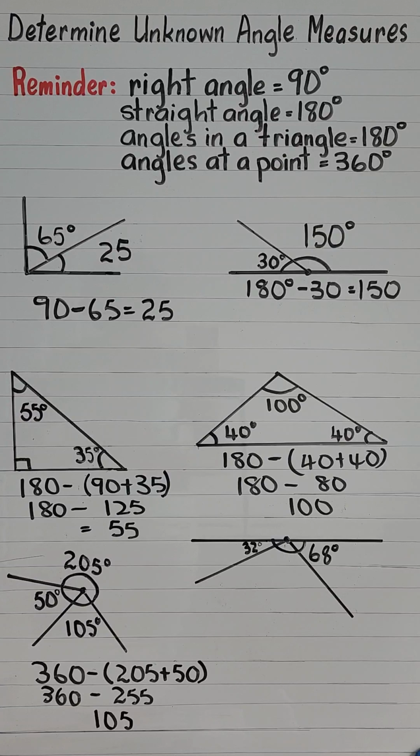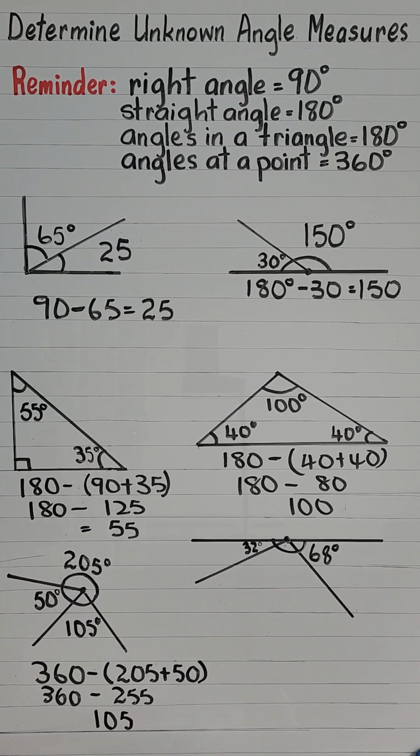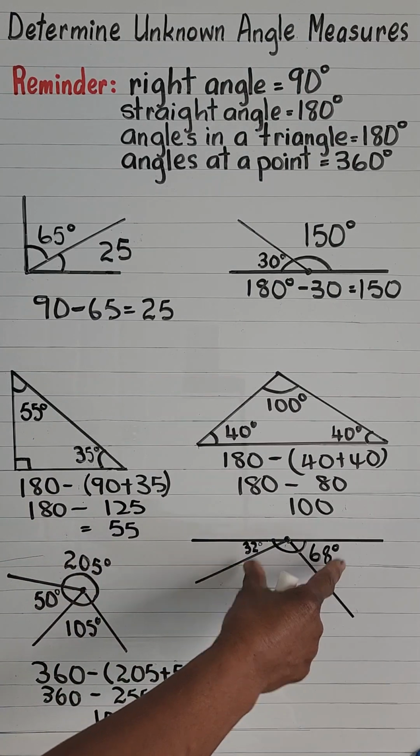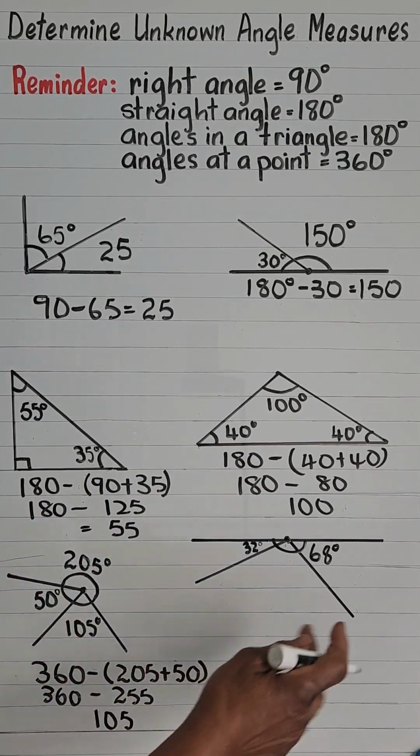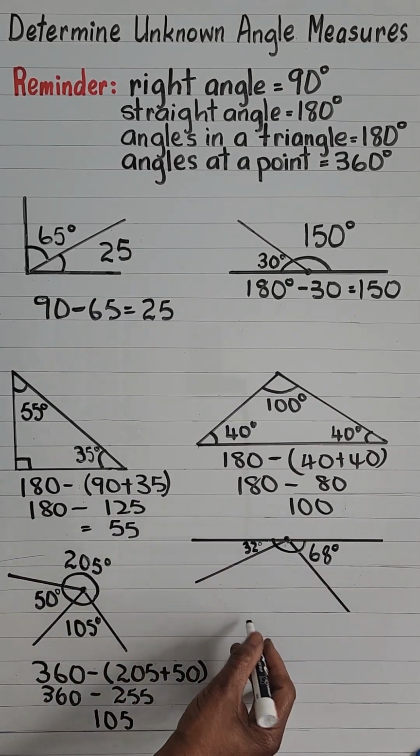And the last one is a straight angle, 180 degrees. So we're going to add these two, and then we subtract from 180.